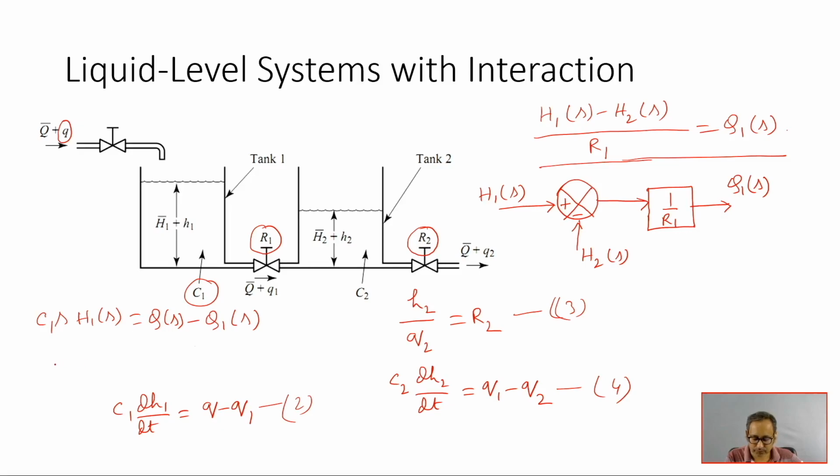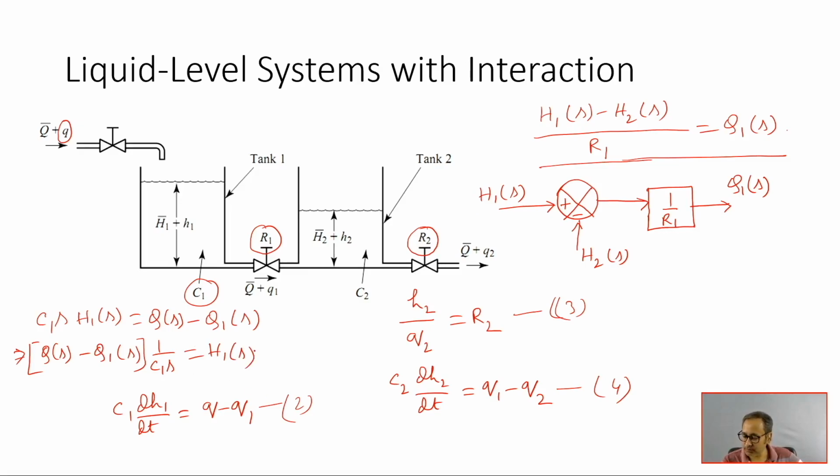Or you can write Q(s) minus Q1(s), multiplied by 1 by C1 s, equal to H1(s). See, in this way this H1 is defined.